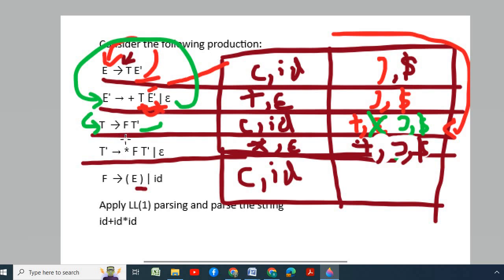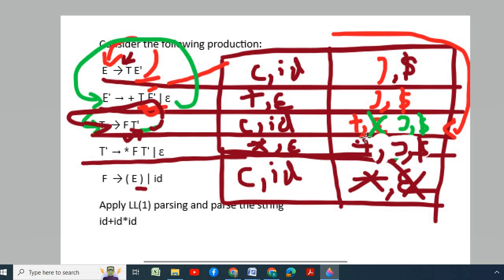The follow of F is T dash. So T dash, the follow of F is T dash. So we have to write first of T dash. What is first of T dash? Star and the epsilon. So as there is epsilon, we have to remove the epsilon. So when we remove the epsilon, we have to come towards the root production.